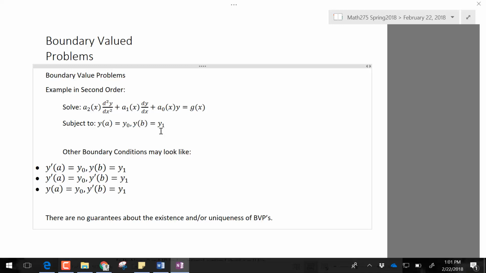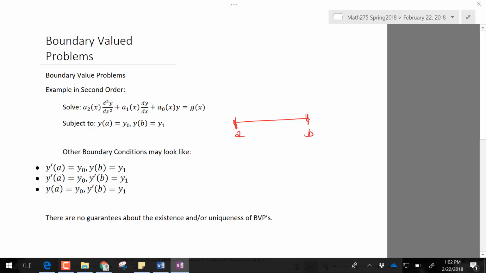This one has two x values, a and b. And so it makes sense that this is a boundary value problem because your conditions are based on a boundary: two different values, a and b, and then it's giving you the y value of that.